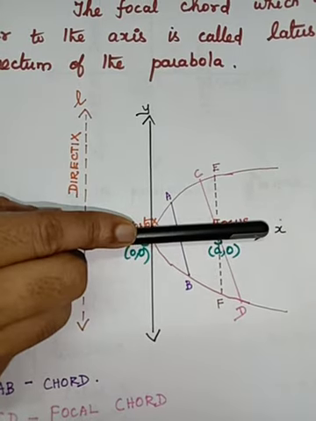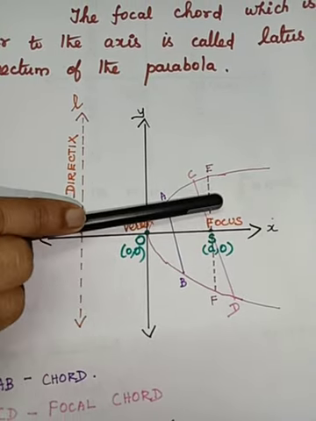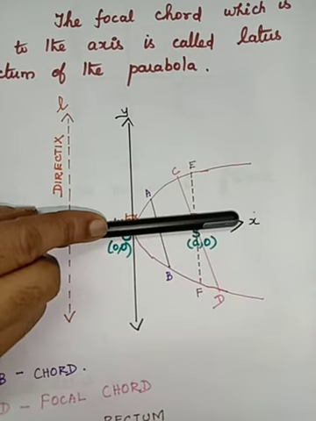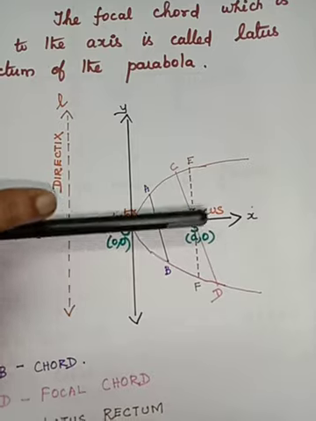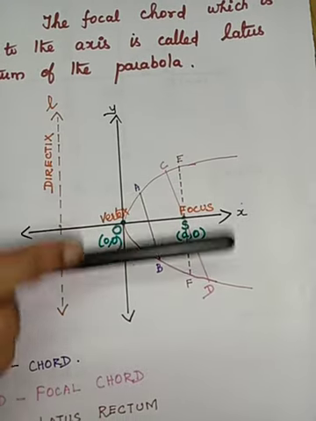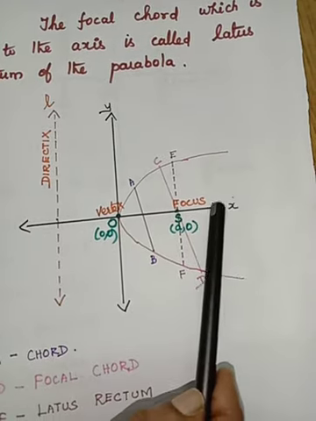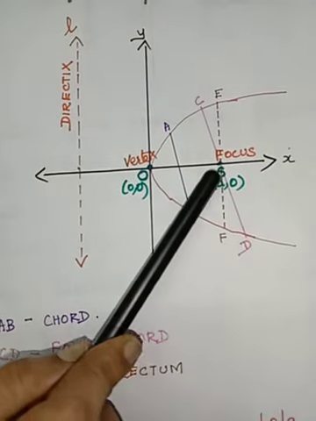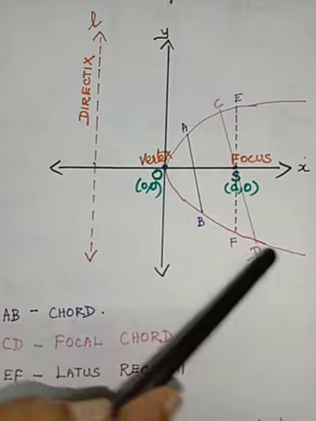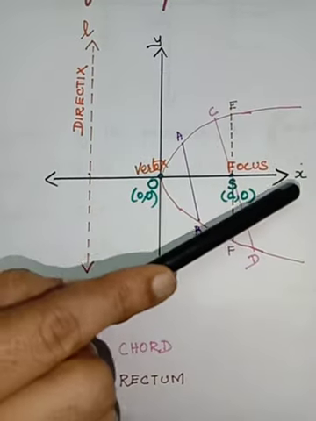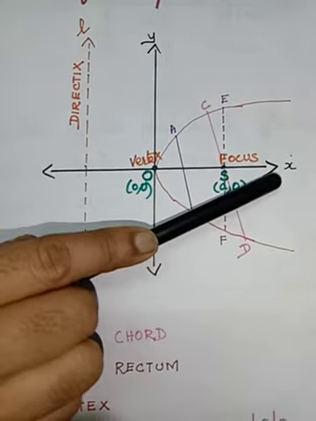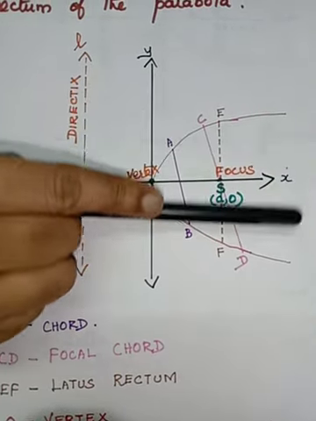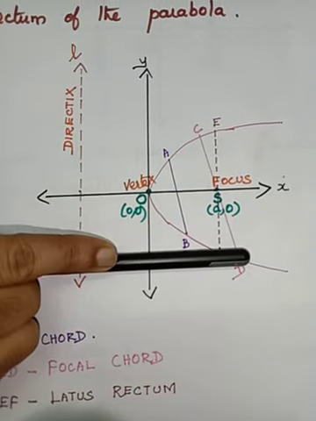Your x-axis divides the parabola into 2 equal parts, so the x-axis is the axis of symmetry of the parabola. So for this parabola which is open rightward, the axis of symmetry is the x-axis. Why am I using axis of symmetry? Because this x-axis divides the parabola into 2 equal parts.